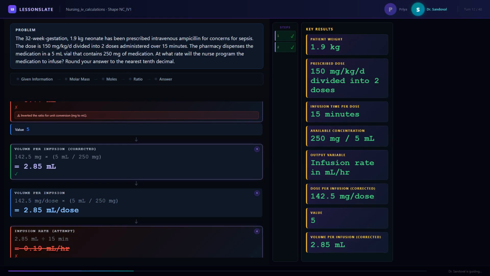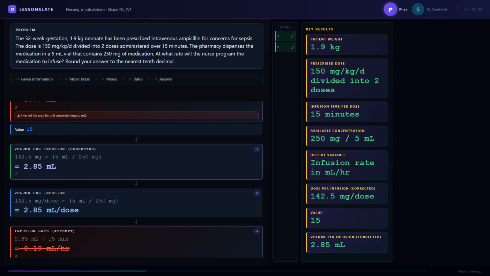You've done the division correctly, Priya, and 0.19 is the correct value if you were calculating milliliters per minute. However, remember, we need the final rate in milliliters per hour for the infusion pump. How many hours are in 15 minutes? Think about converting that time unit before you do the final division. Say the unit aloud as you write each number down.